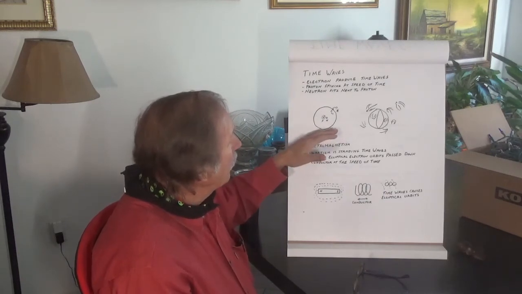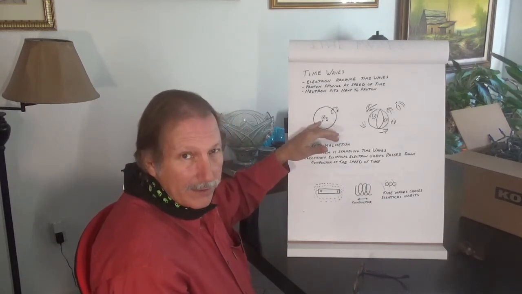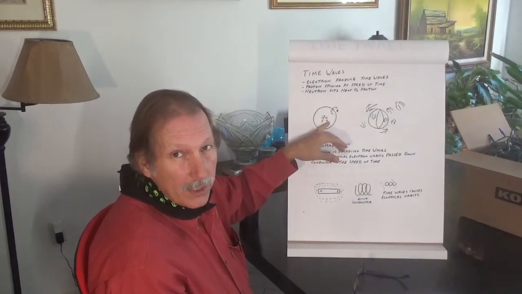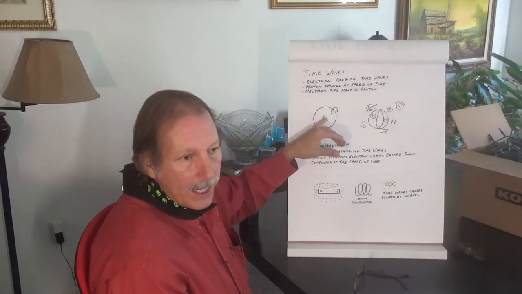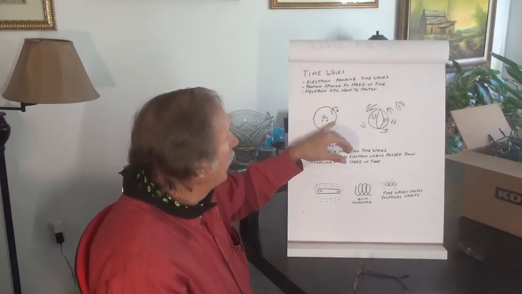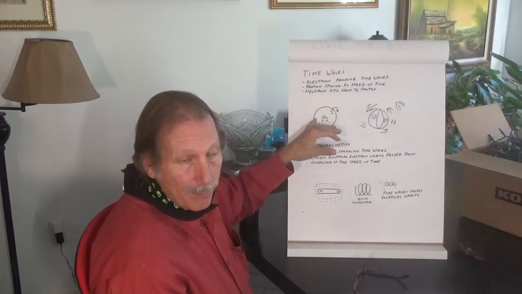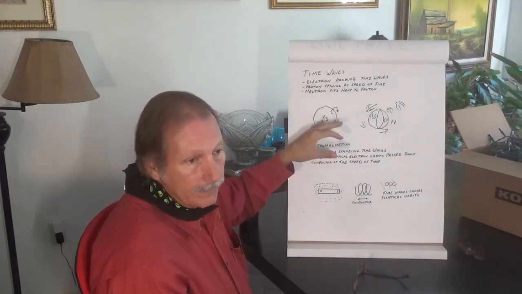So we have a proton spinning at the speed of time, a neutron sitting next to it, not able to penetrate that no time shell around the proton, and an electron making time waves in an orbit around that mass.